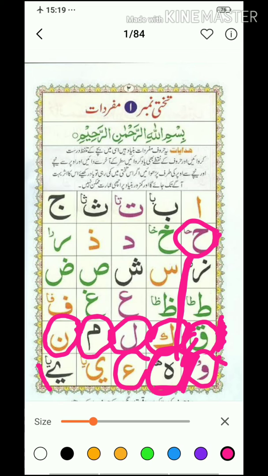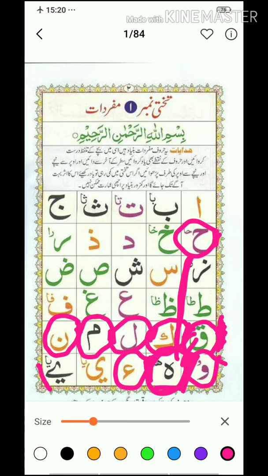The next letter is Hamza. We call it Hamza. The use of this letter I will tell you when we have a word depending on this letter. For now you must know the name of this letter.